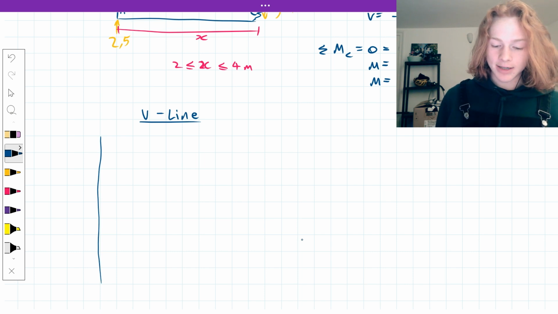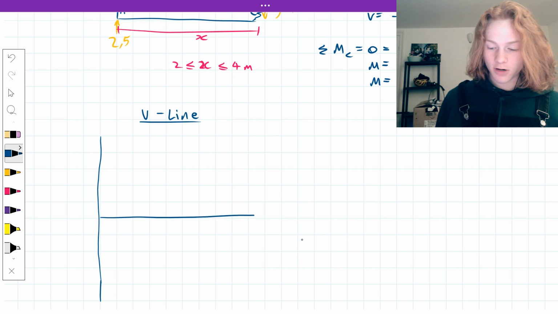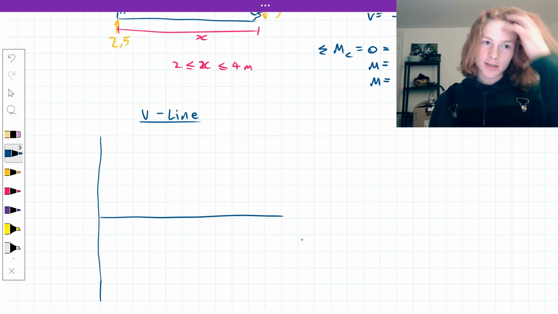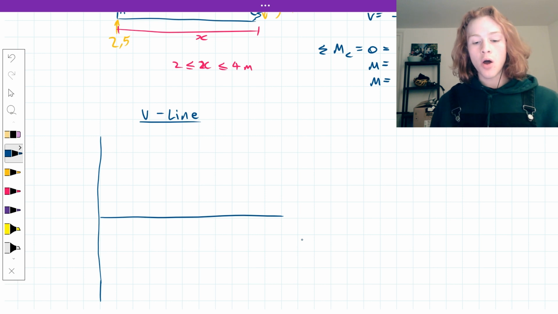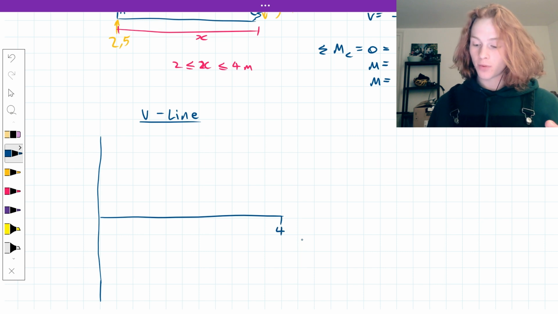So if we draw our axes, what we are describing here is the value of the internal shear force over the length of the beam. The length of the beam in total is 4 meters.